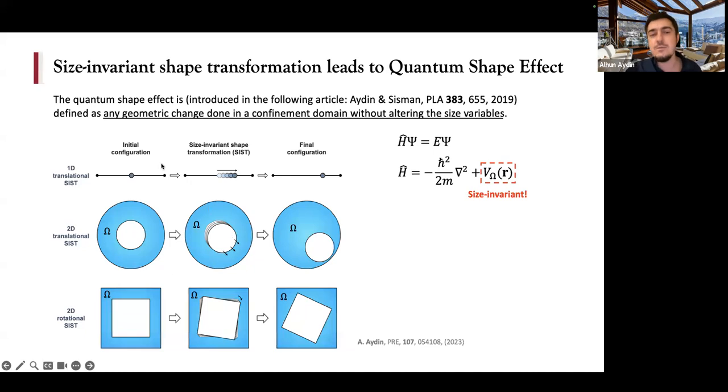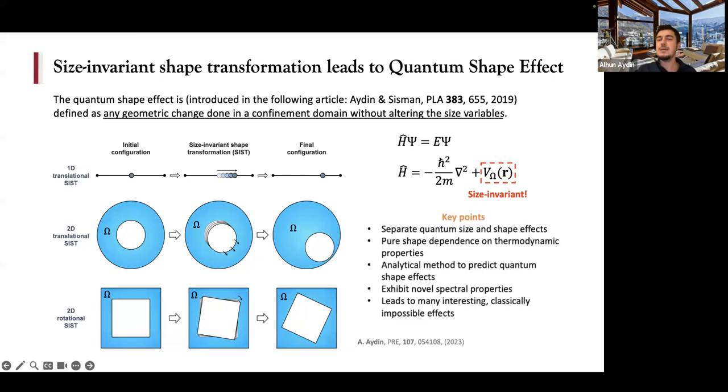And the white regions outside have infinite potential. Okay. So the key point here is, as you see, we have separated quantum size and shape effects. Now we can focus only on the effect of shape, changing the shape of the domain, and how it affects the physical properties. So the quantum size effects will be constant in all of these domains.